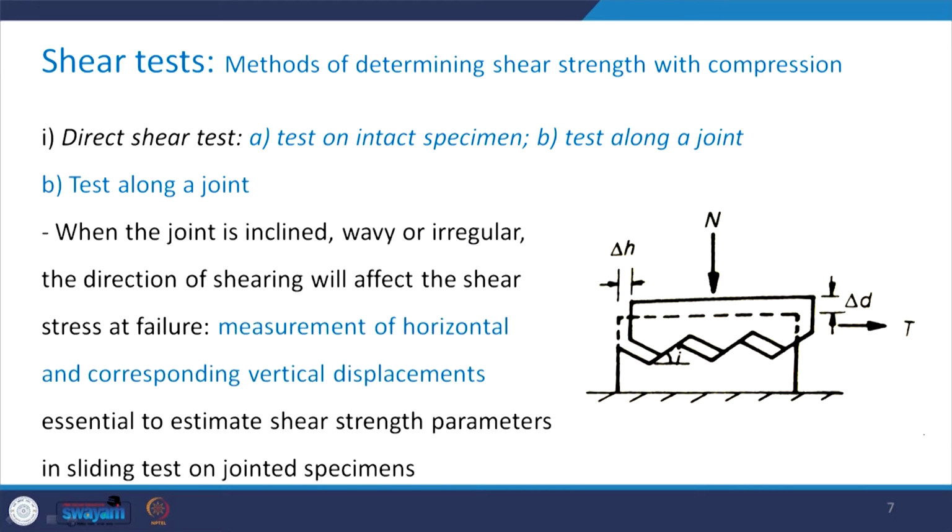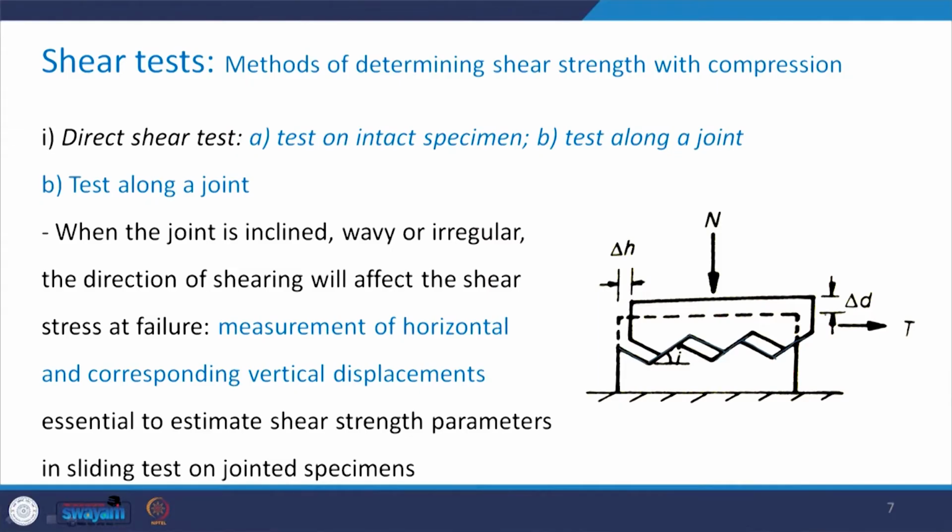Till now we discussed about the smooth plane. First it was horizontal, then we made that smooth plane as an inclined plane. Now, if the joint is inclined, wavy or irregular, the direction of the shearing will affect the shear stress at failure.